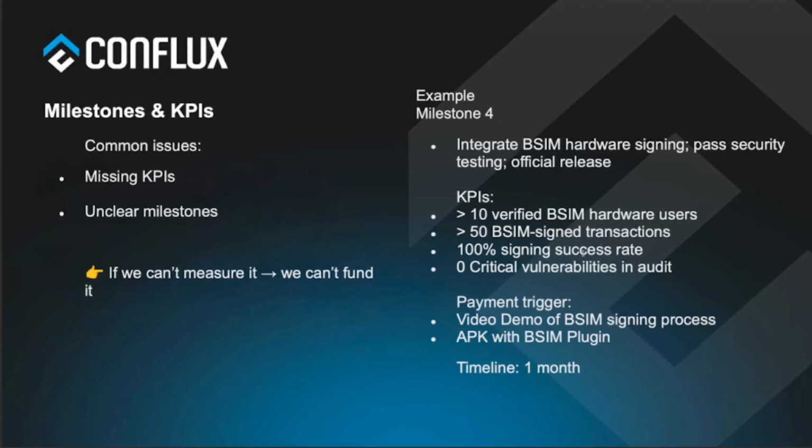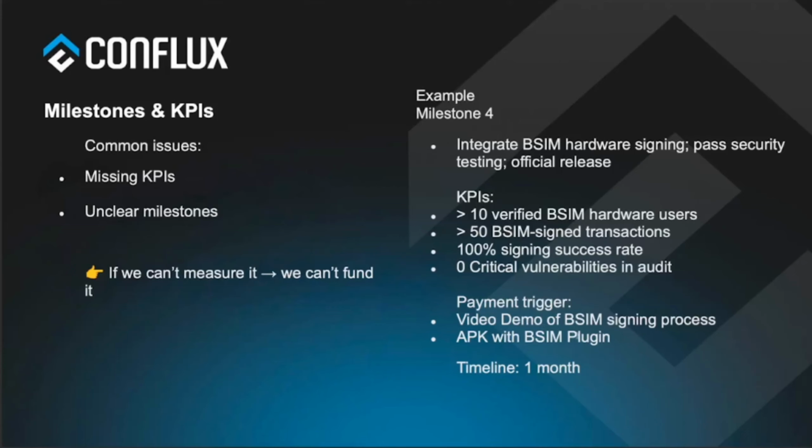It's stated they will have 10 plus verified BSIM hardware users. It's fine. That means they already have a few users. They have some transactions, a great signing success rate, and there are no critical issues during the audit. And then it will trigger a payment.